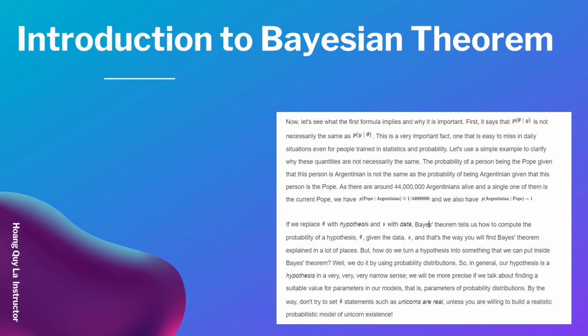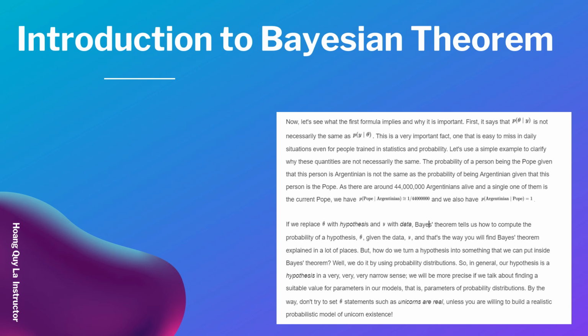So if we replace theta with the hypothesis and y with the data, Bayes' theorem tells us how to compute the probability of a hypothesis theta given the data y, and that is the way you will find Bayes' theorem explained in a lot of places. But how do we turn the hypothesis into something that we can put inside Bayes' theorem? Well, we do it by using a probability distribution.